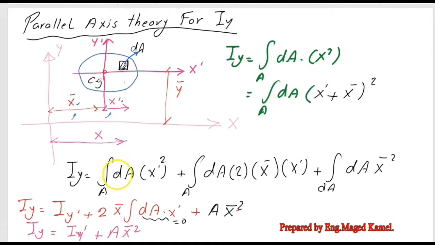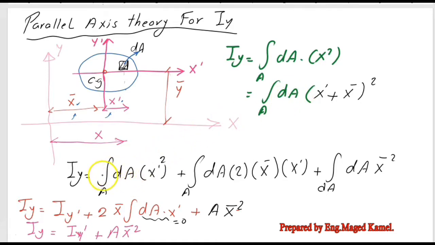Then the IY is equal to the integration of dA multiplied by the first item, x dash squared, plus 2 x bar x dash, plus x bar squared. Then we multiply all these items by dA.